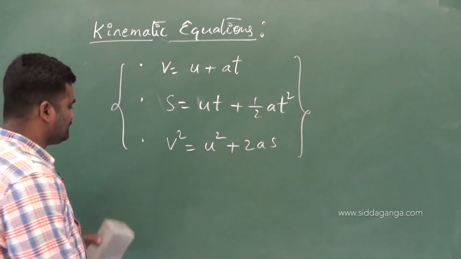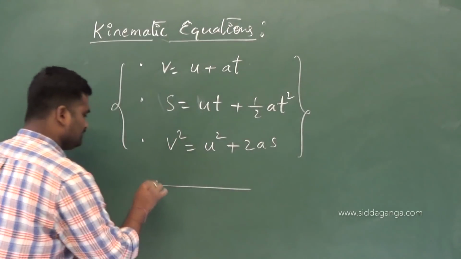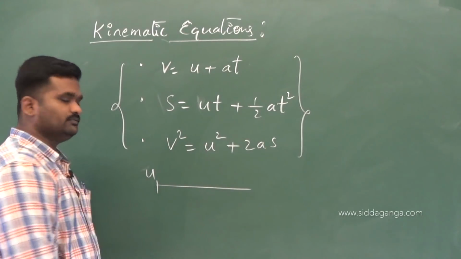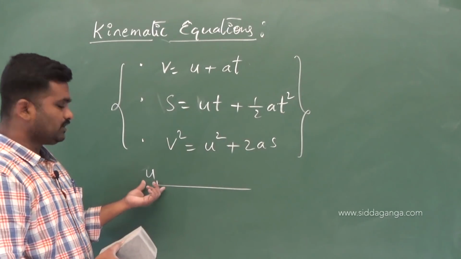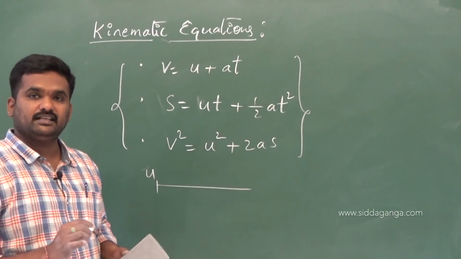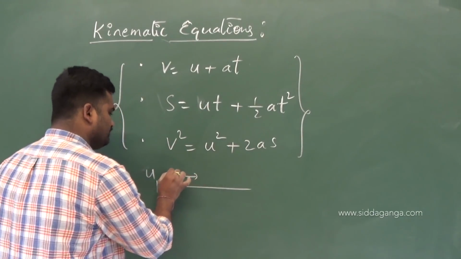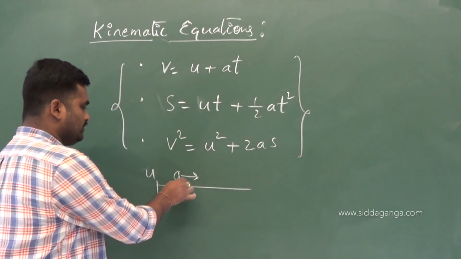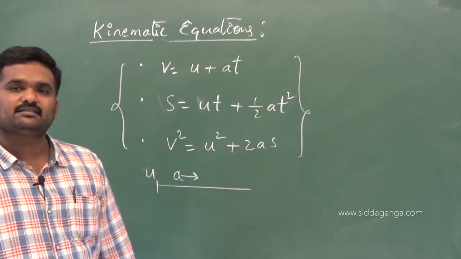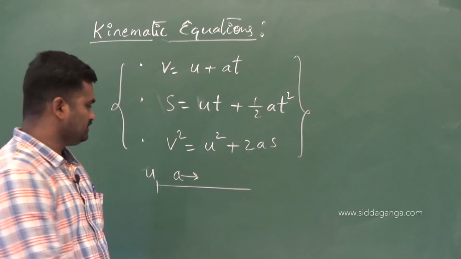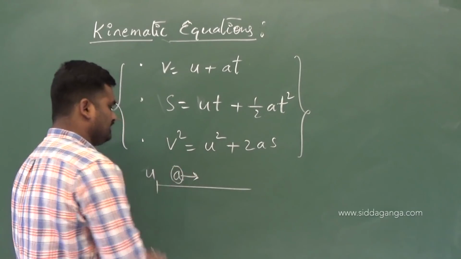See, in all these cases, the body has started with initial velocity u. Throughout the motion, it has moved with uniform acceleration only. I told you, kinematics is all about the study of the motion of a body under uniform acceleration.